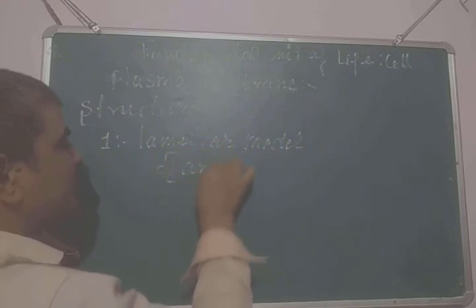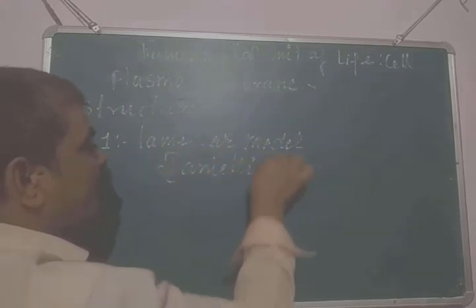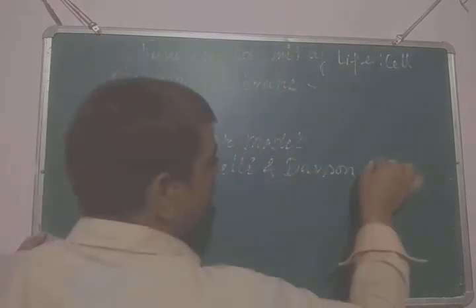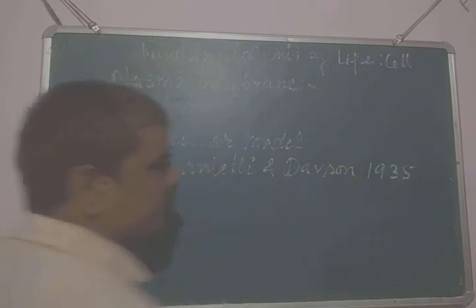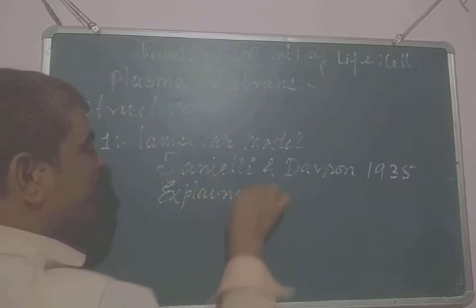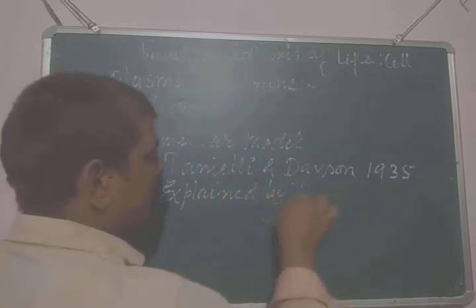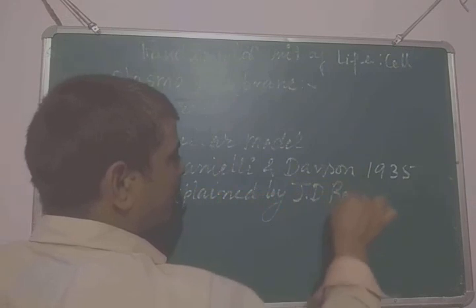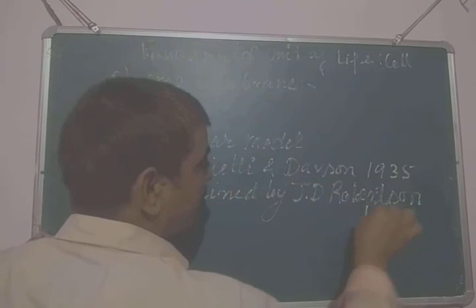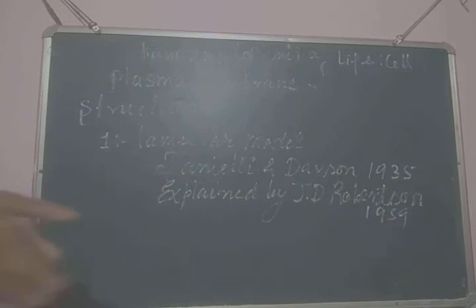This model was proposed by Danielli and Davson in 1935 and explained by J. D. Robertson in 1959. According to this model, there is a lipid bilayer.